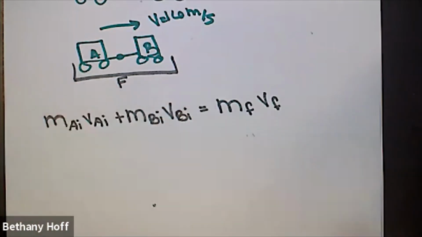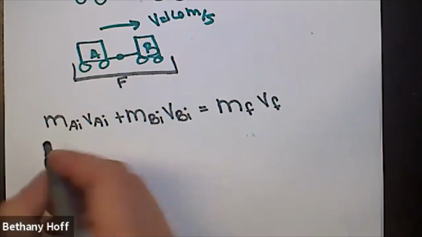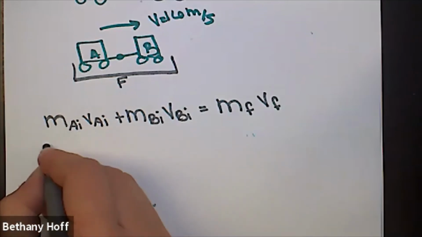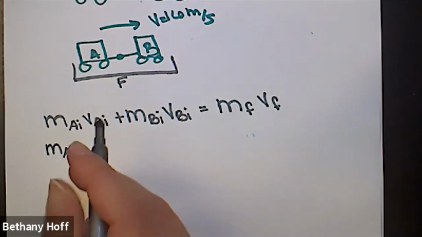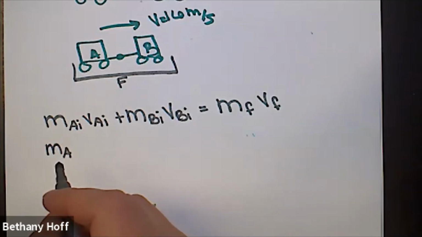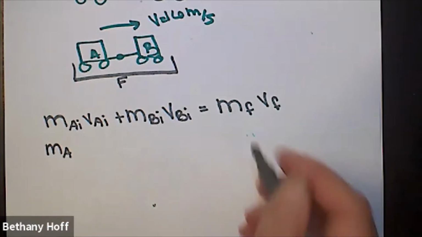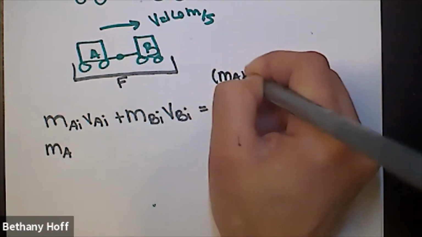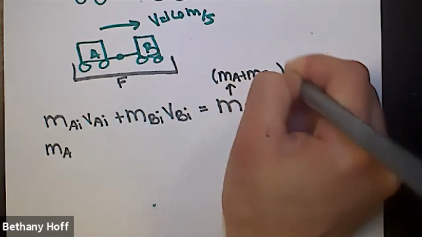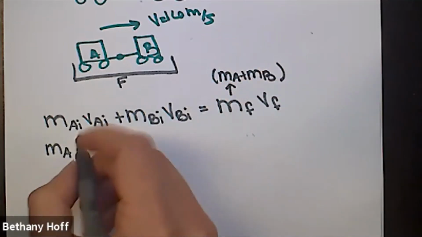Well, let's go ahead and plug in some of the things that we know. So we'll say mass of A, and really, we don't necessarily need to say that it is mass A. I am going to break this apart and say that this is mass A plus mass B, so we know that we're talking about the combined masses of those trains.